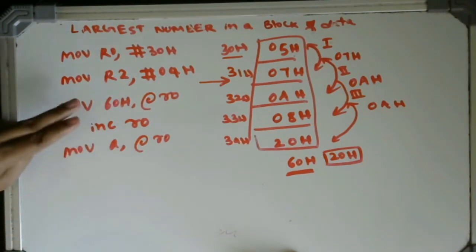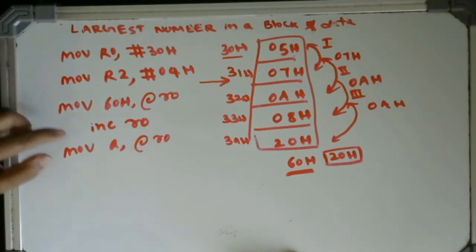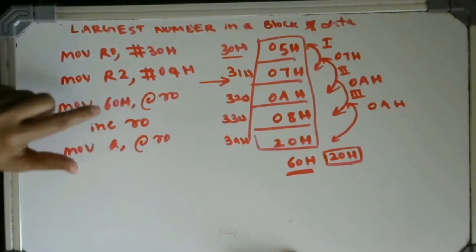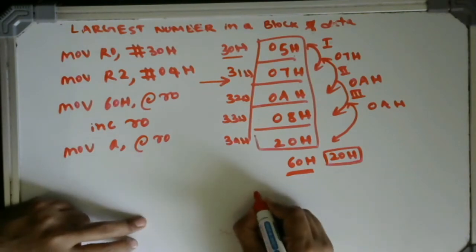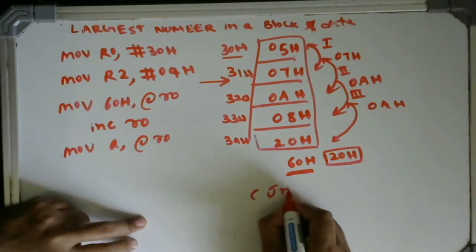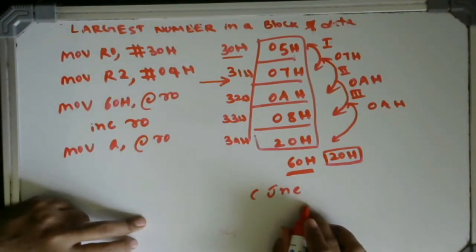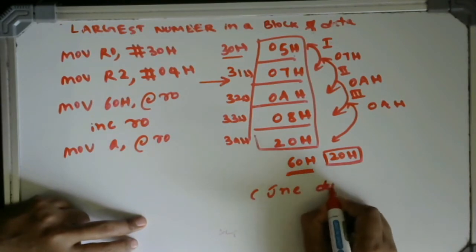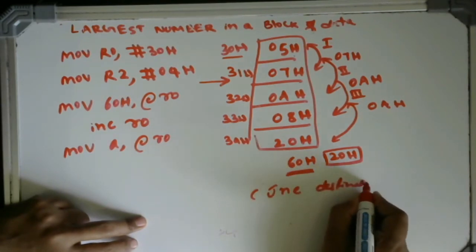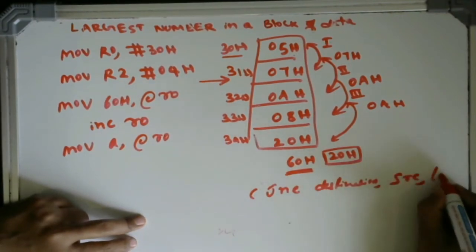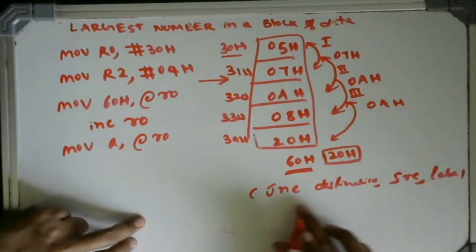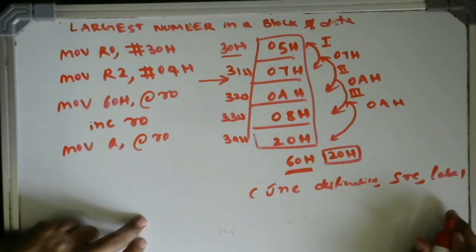Now we need to compare the data present in the accumulator and the data present in 60H. For that, in 8051 we have the instruction CJNE, compare and jump if not equal, destination, source, label. This is the opcode we use to compare any two numbers.